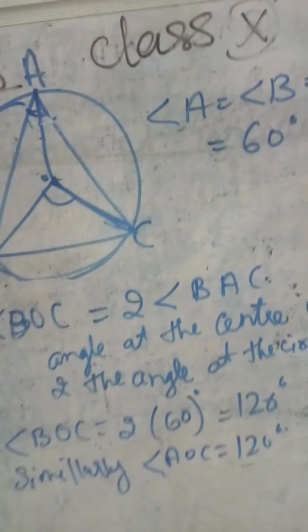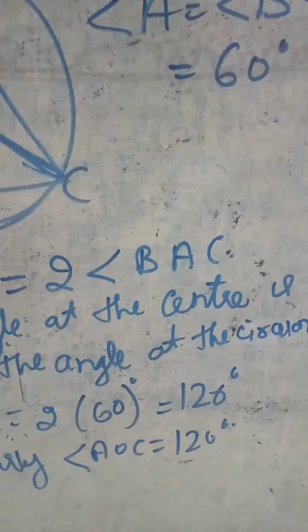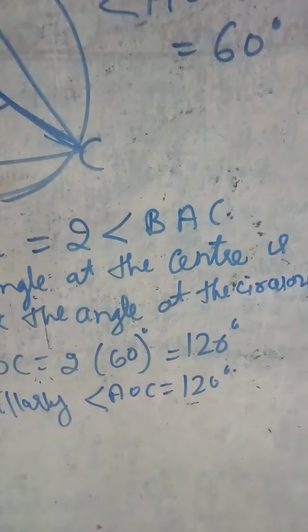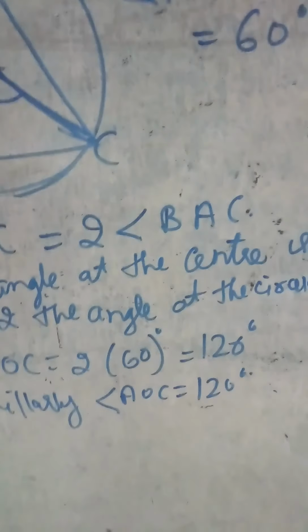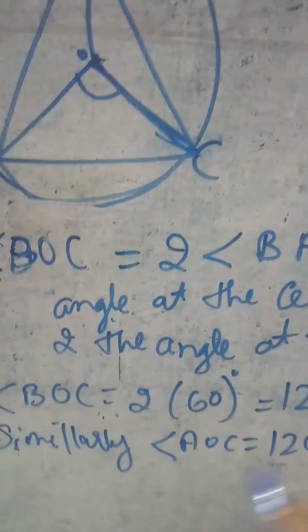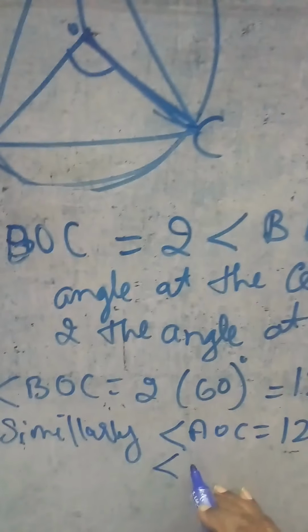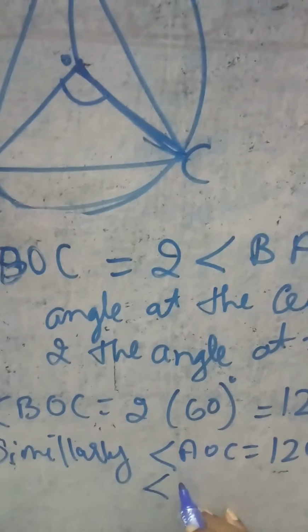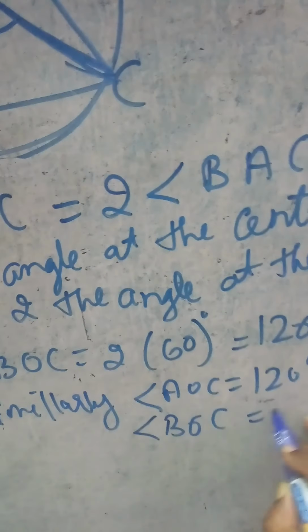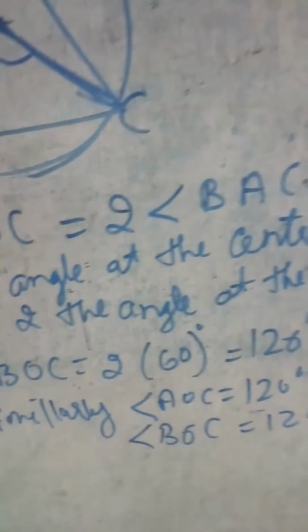You know that equal chords will subtend equal angles. Since it's an equilateral triangle, equal chords will subtend equal angles, so the angle at the center AOC will be 120. Angle BOC also will be equal to 120 degrees each.